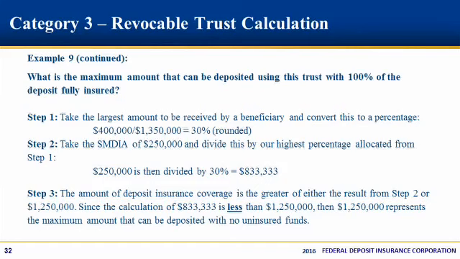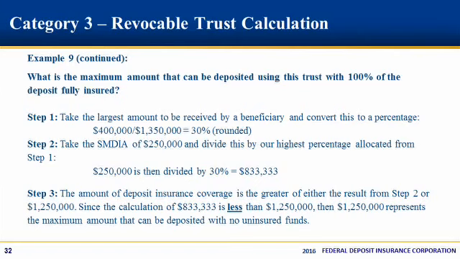To answer this question, let's use our formula. Step 1. We first take the highest amount to be received by a beneficiary and convert this to a percentage. That would be Sally's allocation of $400,000, and we divide this into the total allocation for all beneficiaries combined of $1,350,000 to give us the result of 30%. Step 2.